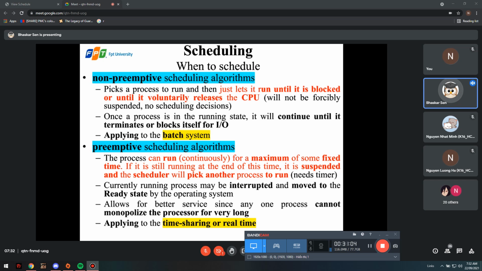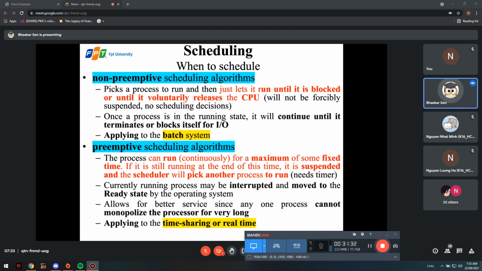But in the case of preemptive algorithms, no. It can run only for a maximum time limit that has been promised, right? And after that, it must get switched. So that is what we call the preemptive and non-preemptive algorithm.